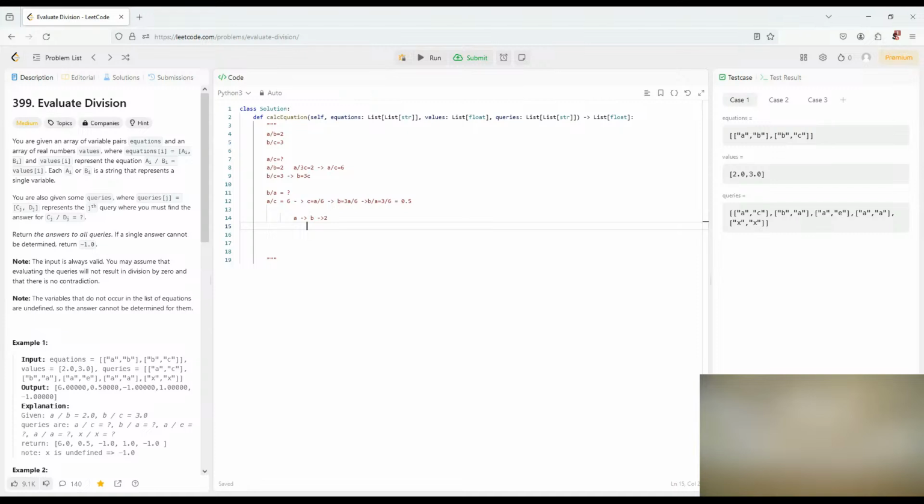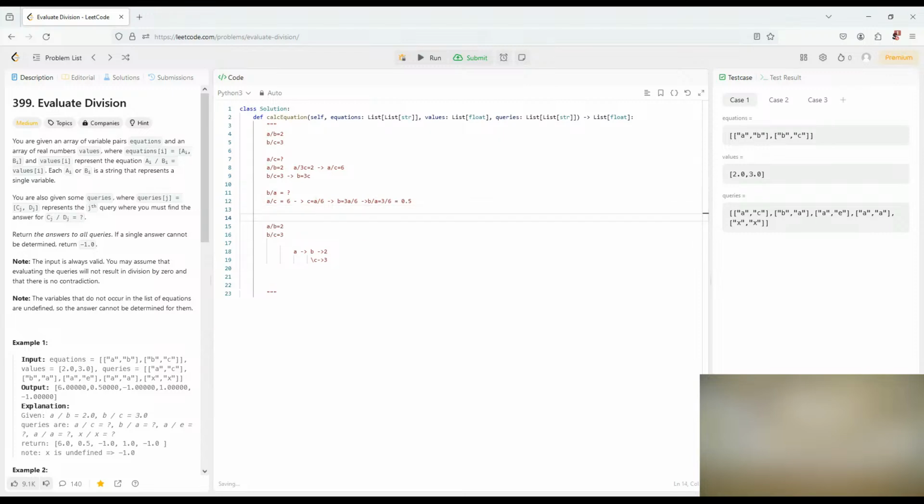Then we have a B, we have a C, and we have a 3. So this is basically us trying to represent these two equations.